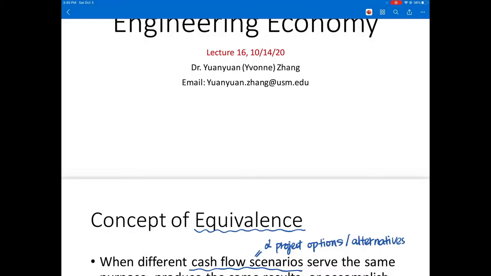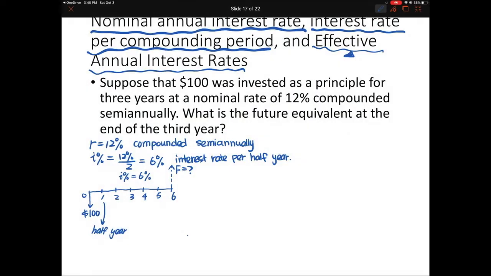So actually, what we used in this calculation is gonna be the interest rate per compounding period. In this case, one compounding period is half year. Okay, so that's why we use 6 time segments instead of 3.